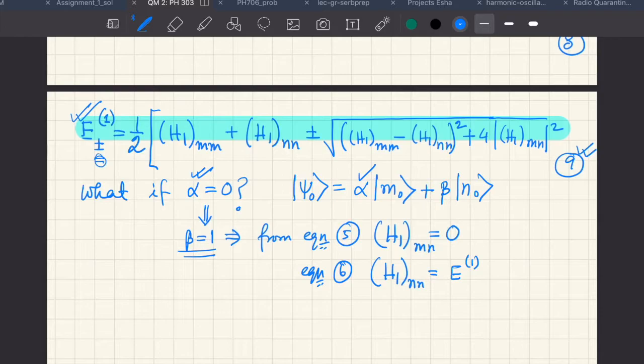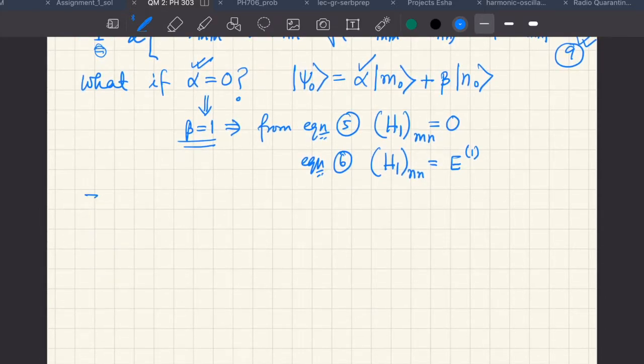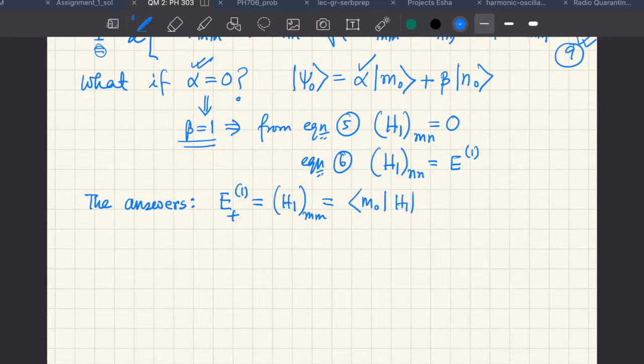Whereas the plus sign corresponds to alpha equal to 1 and beta equal to 0. What is more, the answers are that E plus, the first order correction to energy, is H1 mm, which is nothing but m naught H1 m naught, and E1 minus is H1 nn, which is n naught H1 n naught.